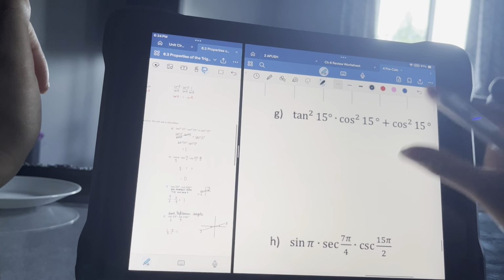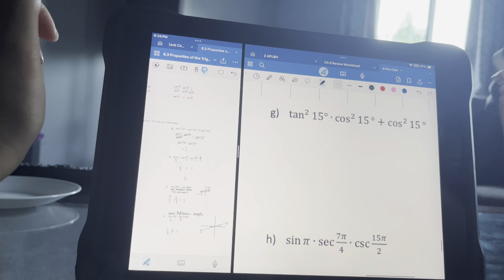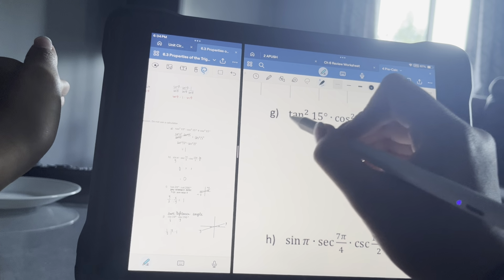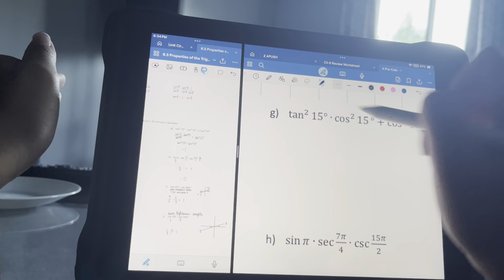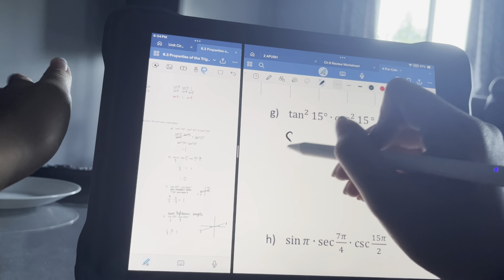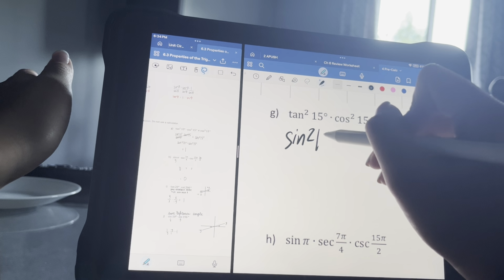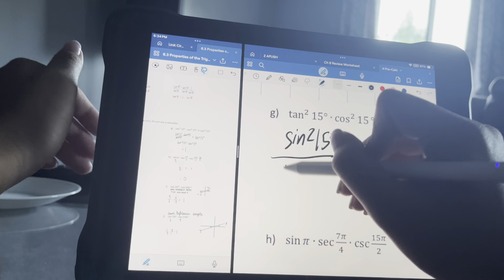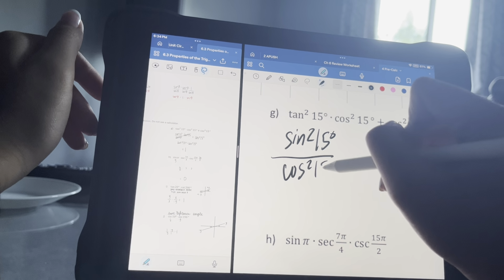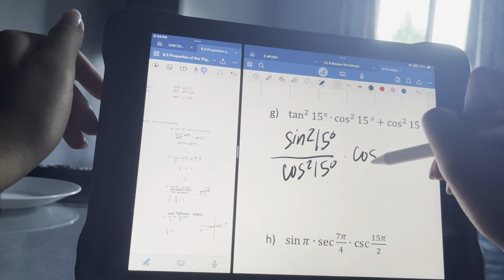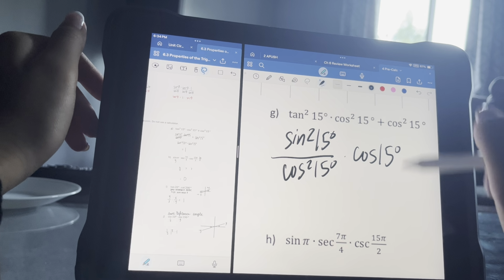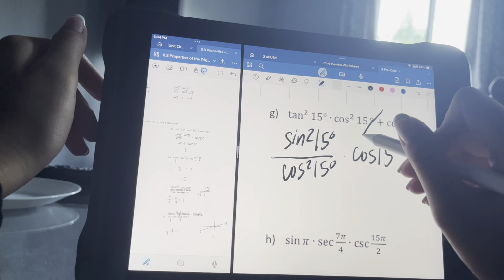Okay. First we just want to try to condense this. Well, let's start with this half first. What's another way to write tangent squared? Sine squared 15 over cosine. Okay, just this half of the problem first.